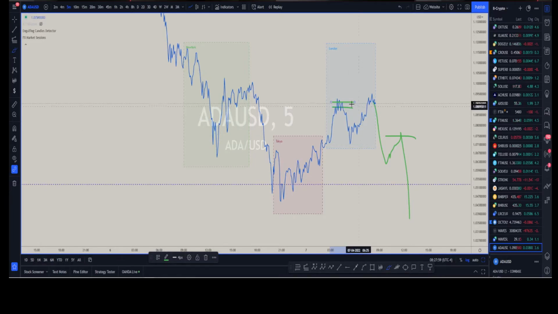Yeah. So if your entry is here, definitely I will take partial around these areas, and when it breaks and comes back a bit, I will add another trade. At least the partial that I took, if it reverses and goes up to your stop above there, the partial that I took will cover the 2 position stop.